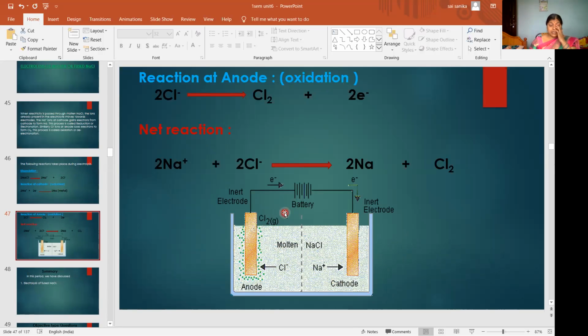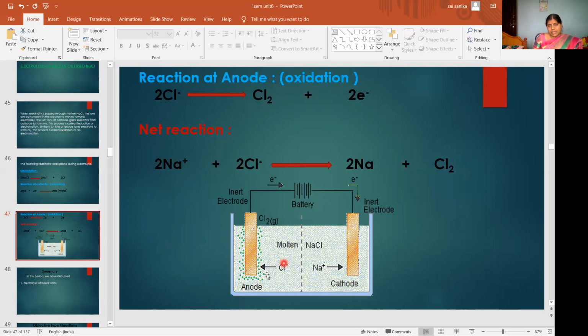When you pass electricity through fused NaCl, the ions move to their respective electrodes. The Na+ ion goes to the cathode and the Cl- ion goes to the anode.